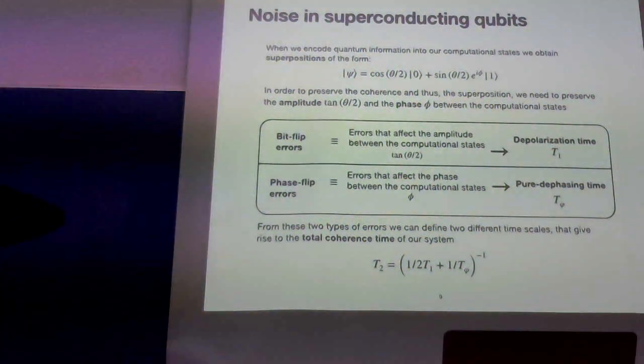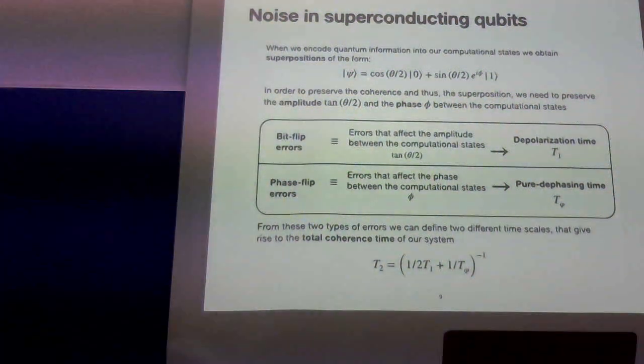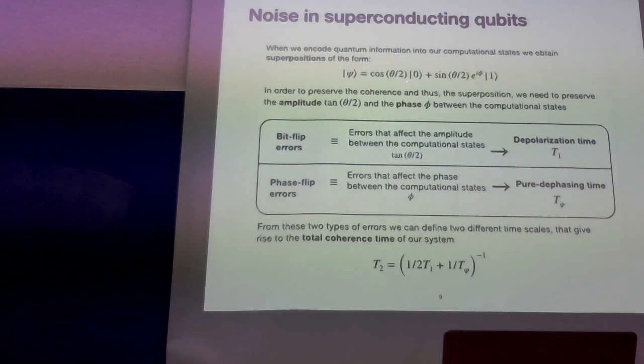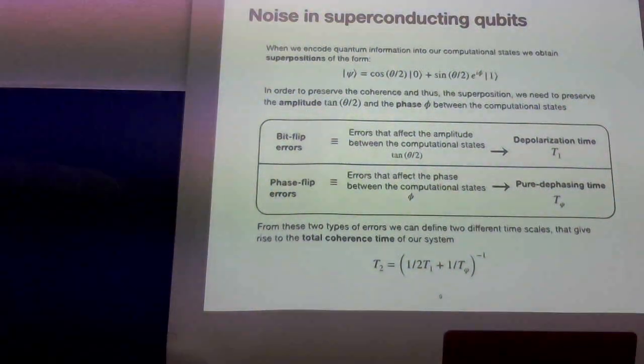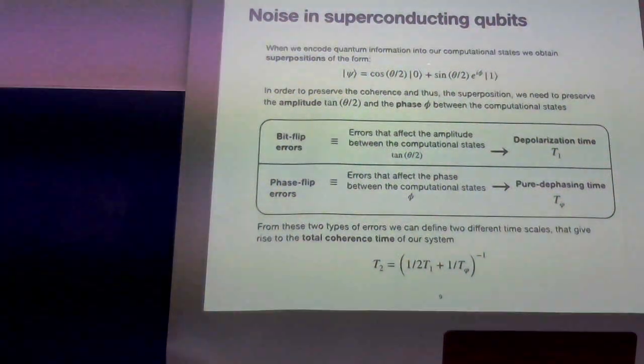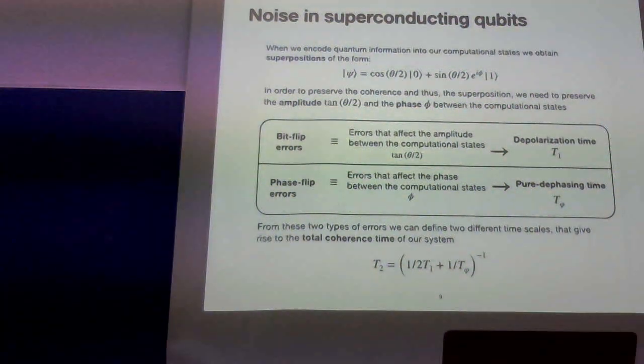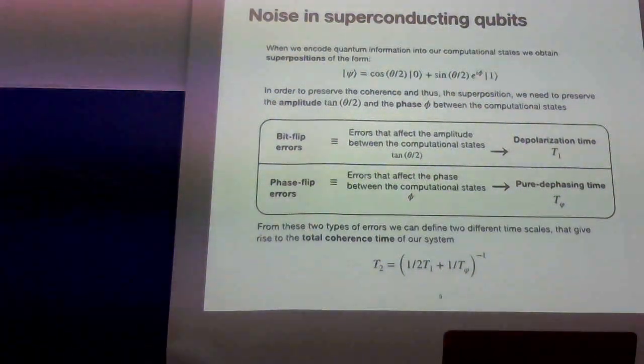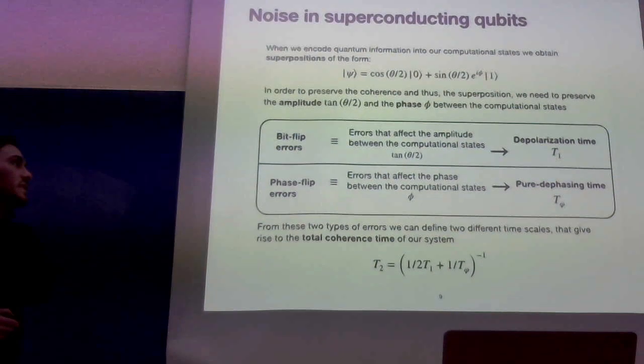So essentially, we want to encode our quantum information in this kind of superposition state. Here we have an amplitude, which is the difference between the amplitudes of these two computational states, and also we have a phase between the computational states. So here we can differentiate bit flip errors and phase flip errors.